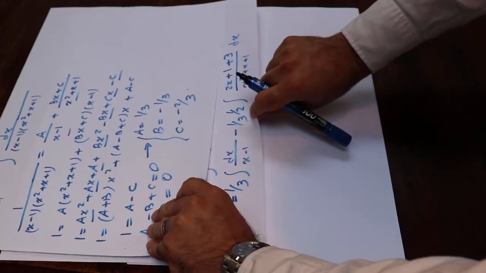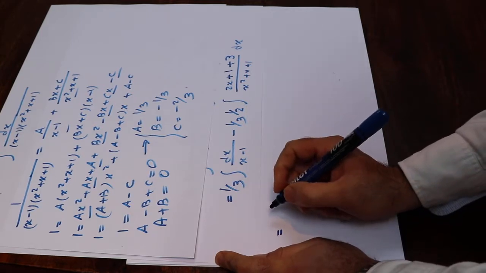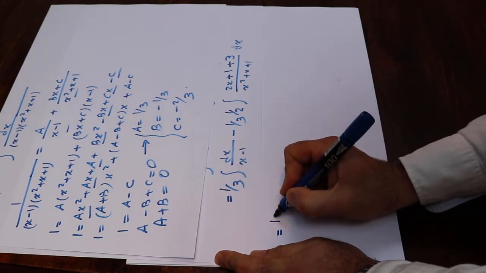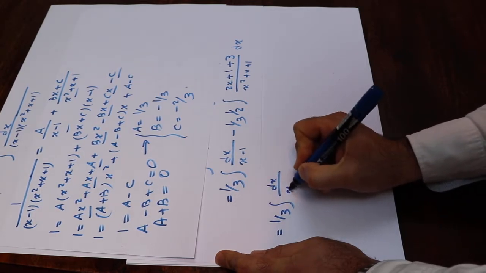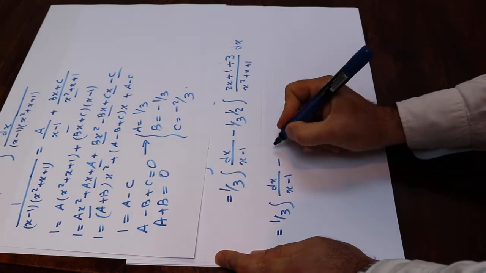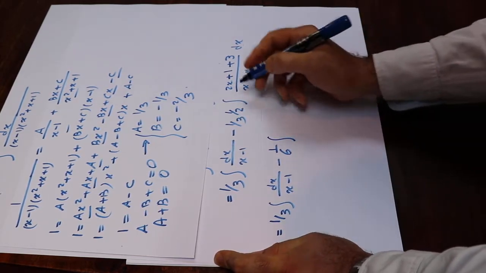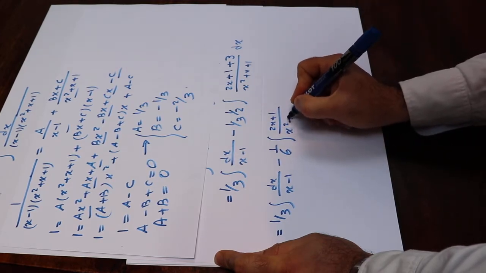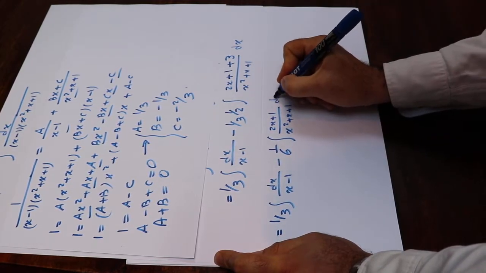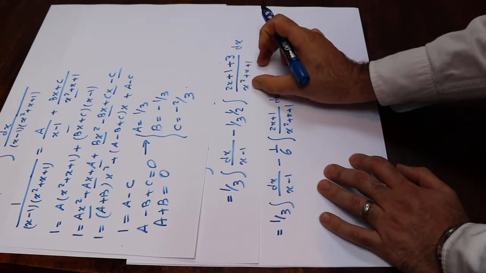Okay, so now what I need to do is basically, this one will be equal to 1/3 integral of dx divided by x minus 1 minus 1 divided by 6, 3 times 2 is 6, integral of (2x plus 1) divided by x² plus x plus 1 dx plus this term, 3 divided by the denominator.